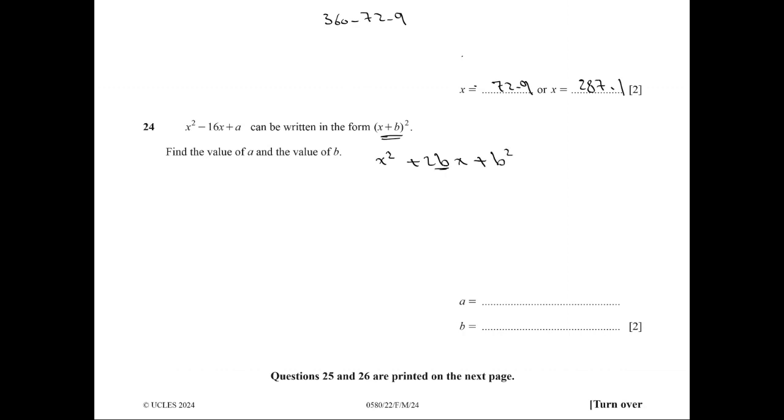It means 2b must be equal to -16, so b equals -8. To find the value of a, a equals b squared. A equals (-8) to the power 2, which is equal to 64. Next question.